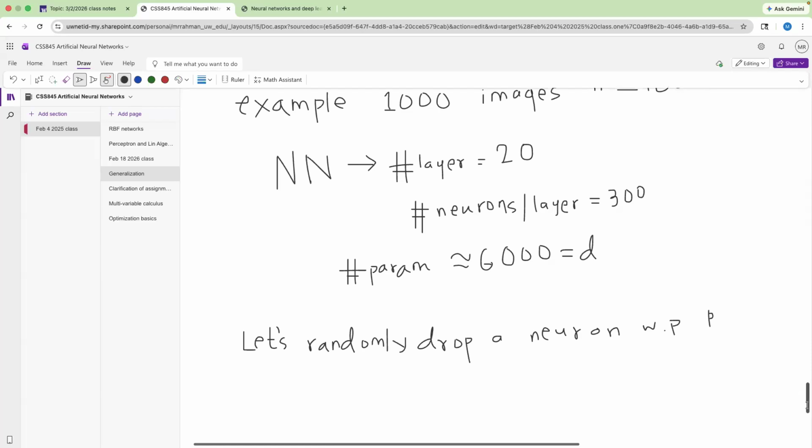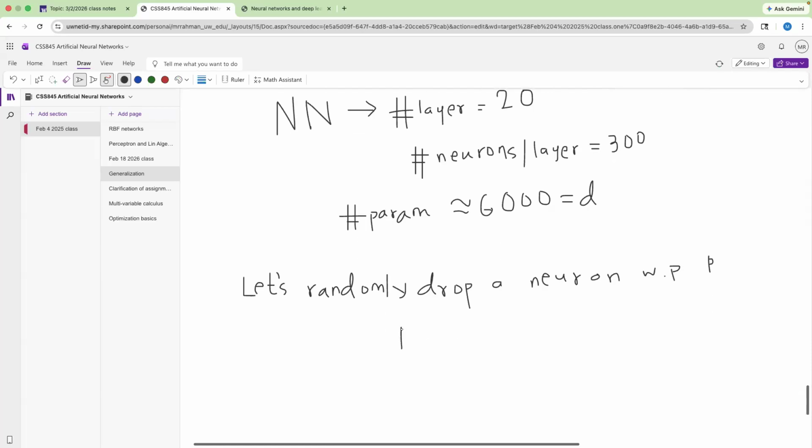Okay. So for example, what do I mean by this? Let's say p is half.